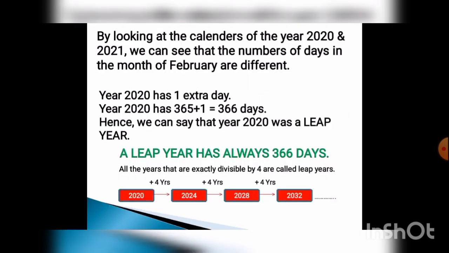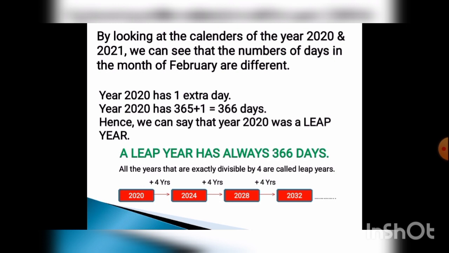By looking at the calendar of year 2020 and 2021, we can see that the number of days in the month of February is different. Year 2020 has one extra day. So, in 2020, there are 29 days. So, you can add 365 plus 1, that is 366 days. Hence, we can say that year 2020 was a leap year.